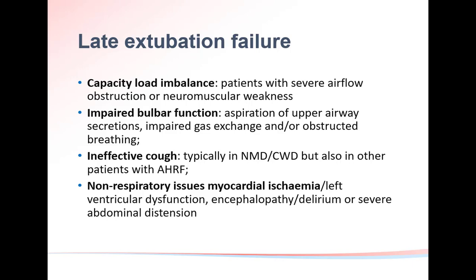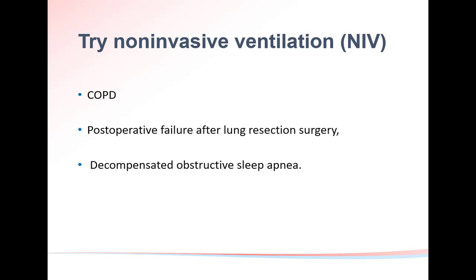Late extubation failure occurs when there is a capacity-load imbalance, impaired bulbar function, aspiration, ineffective cough, typically neuromuscular and chest wall diseases, and non-respiratory issues, like the patient has left ventricle dysfunction, you extubated and probably because of some extra fluid or failure, he failed. So these are the 4 things in late extubation failure, and early extubation failure is mainly because of the airways. You could try non-invasive ventilation.